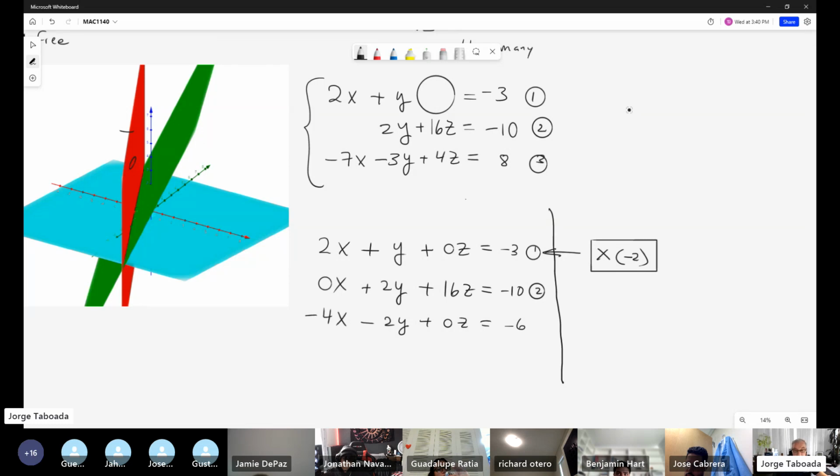And this is my new equation 1. I do not recommend forgetting the old one, because maybe we'll use it in the future.